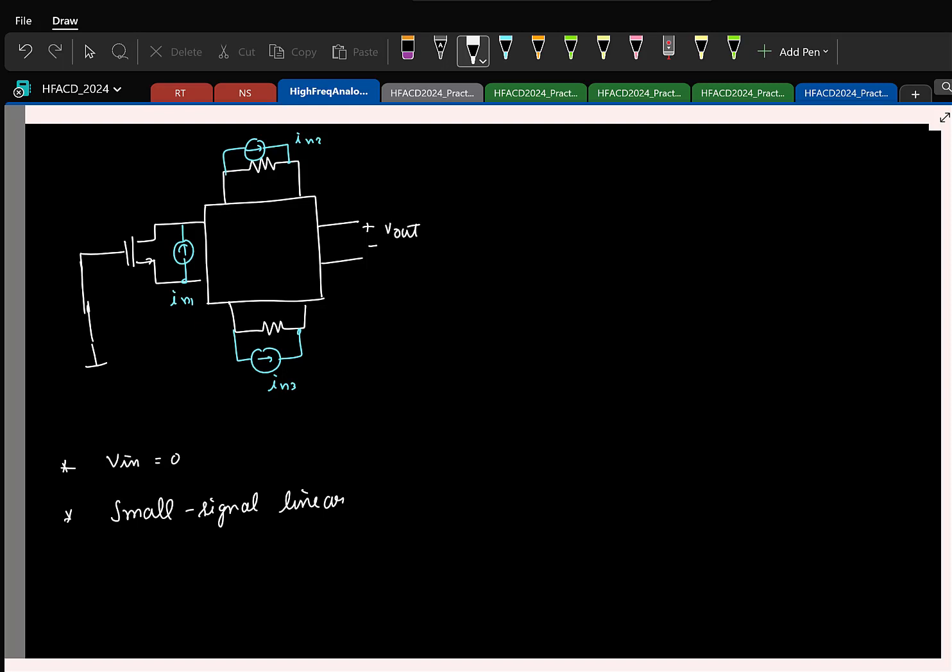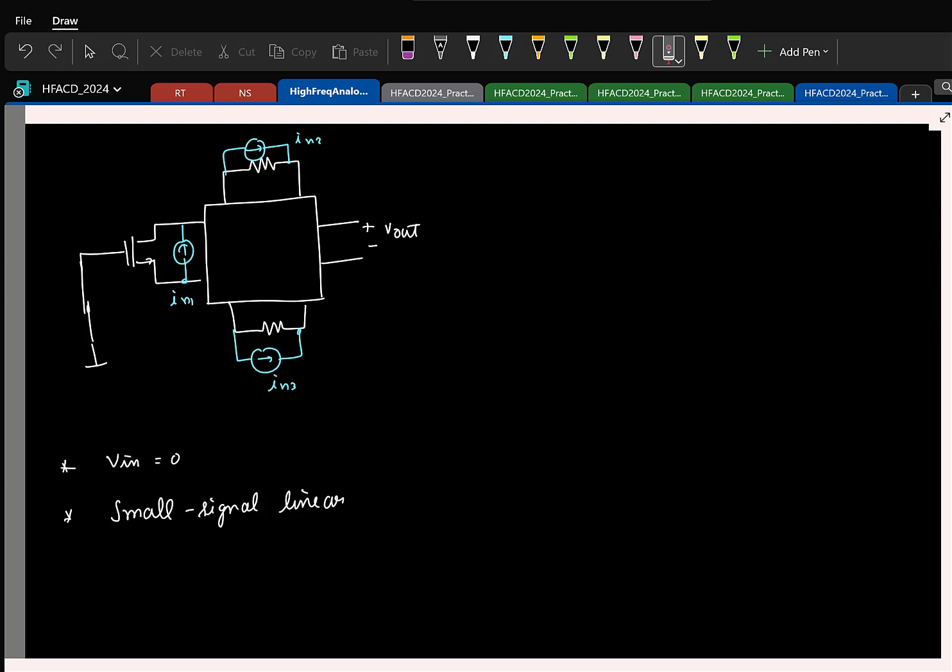Now I need to find the output due to the 3 noise sources. It's a linear network. I have 3 different current sources, so use superposition. I'll assume that only, let us say, this current is there, and find the transfer function from this current source to the output.